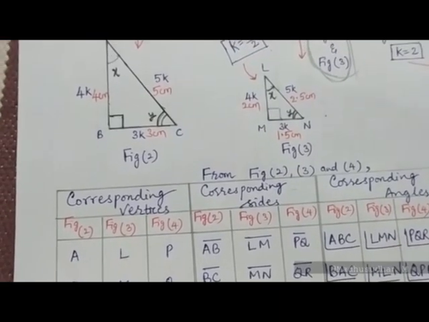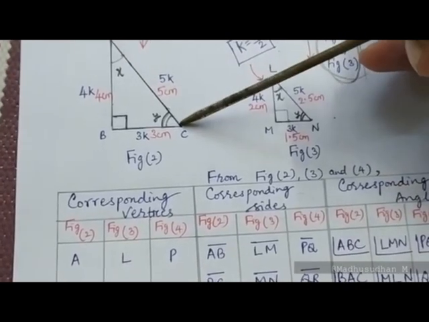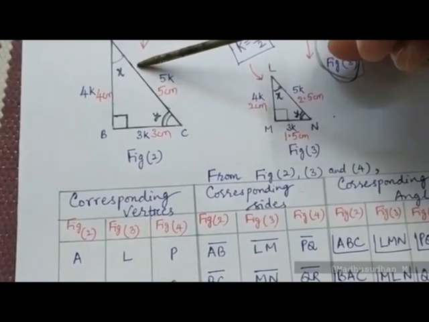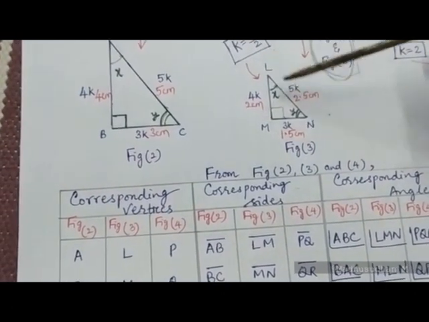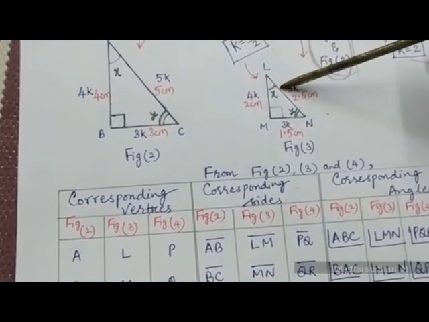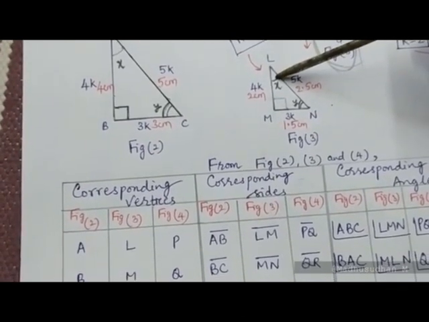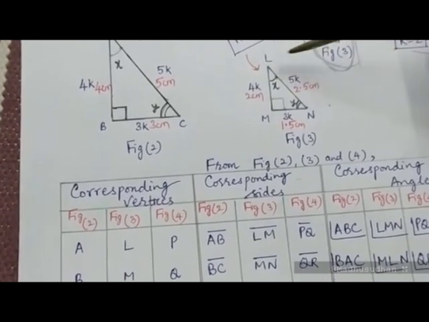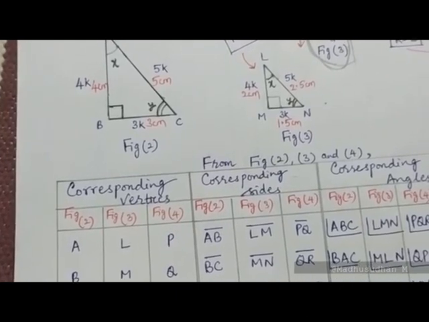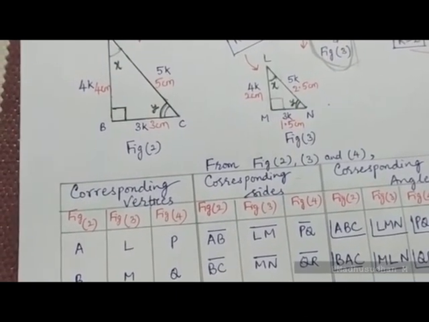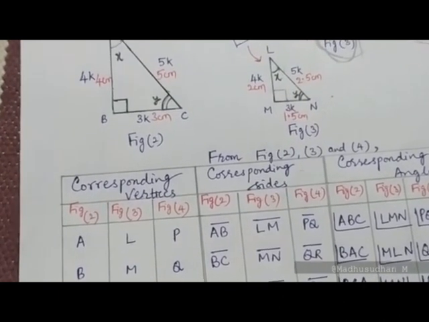Similarly, starting from the right angled vertex, BAC we name this angle X, and in figure 3, MLN would name this angle X, and those two are the corresponding angles. Similarly, angle Y is BCA in figure 2, and the corresponding angle in figure 3 is MNL.